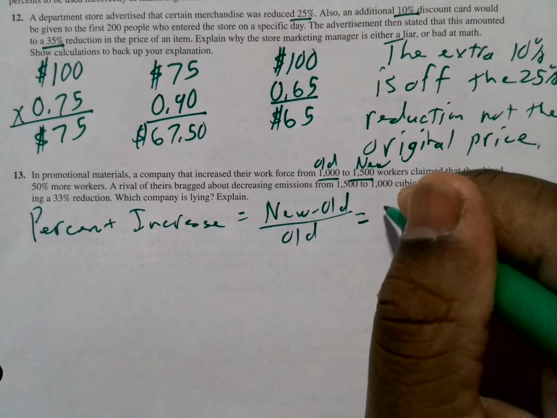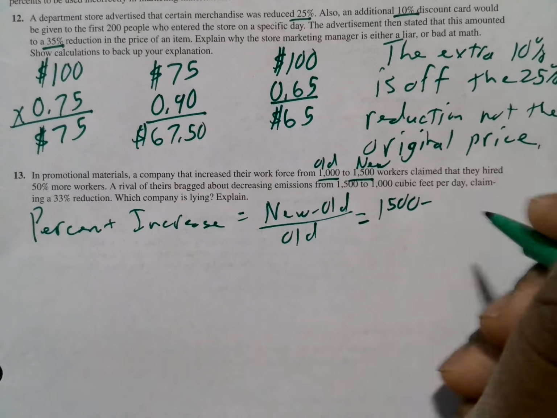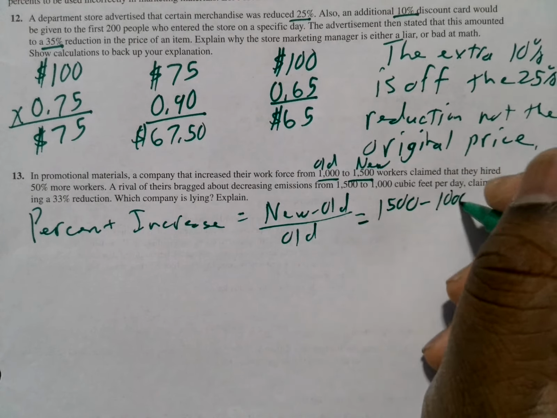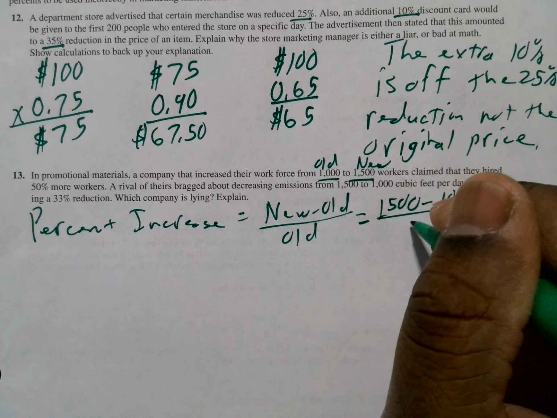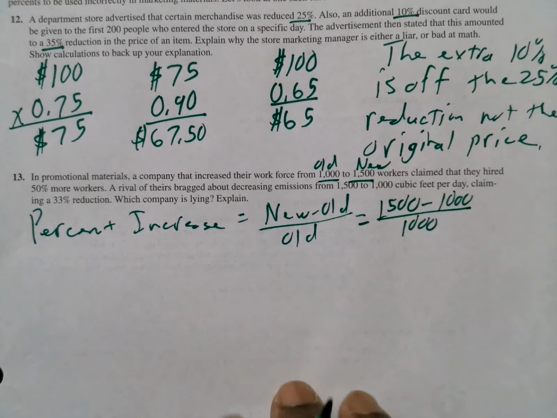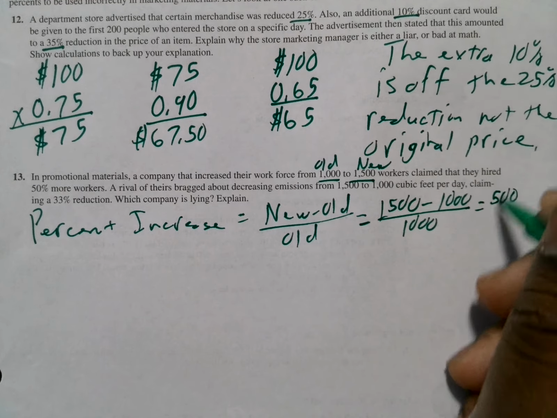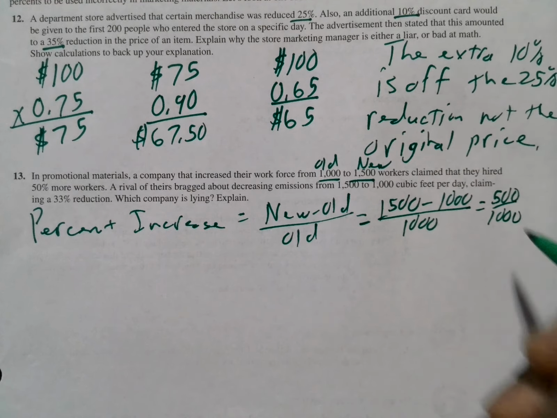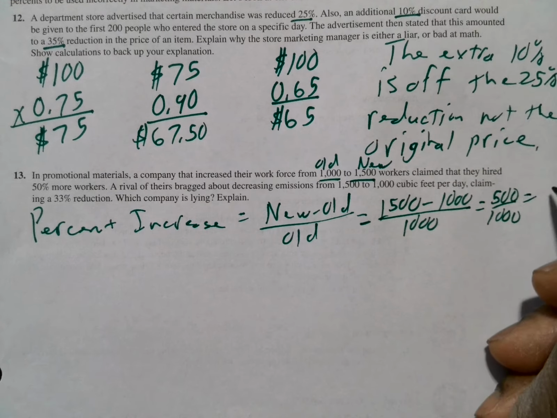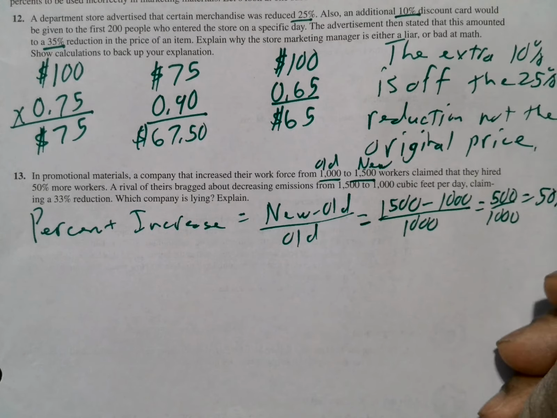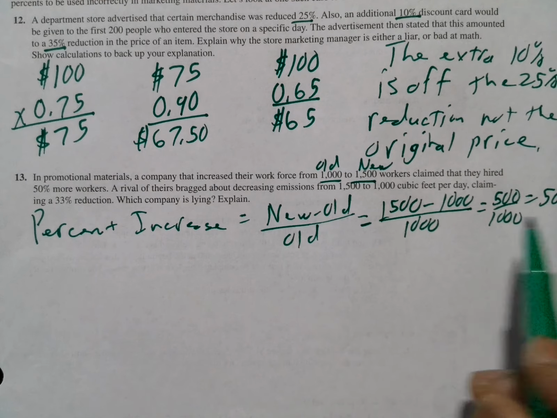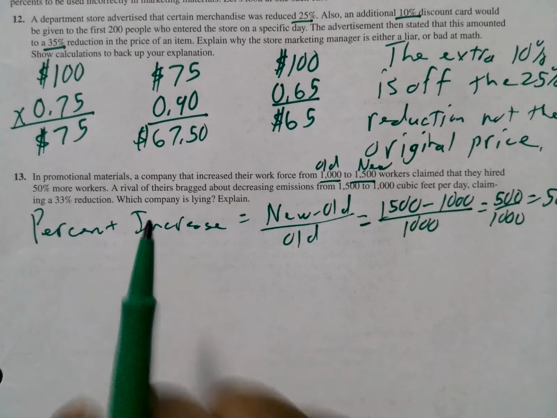The new value is 1,500. The old value is 1,000. And divided by the old value, which is 1,000. So this will end up being 500 divided by 1,000, which is 50%. This will give you 0.5, which would be 50%.